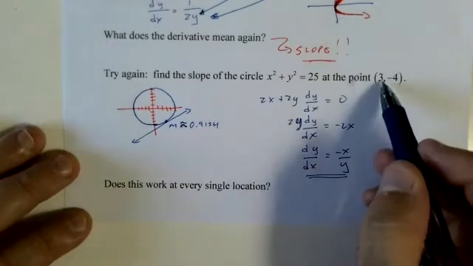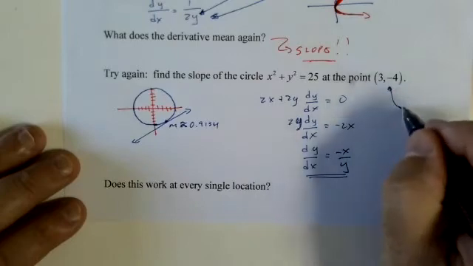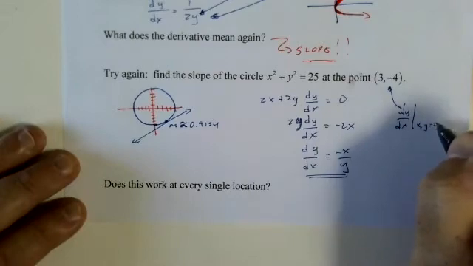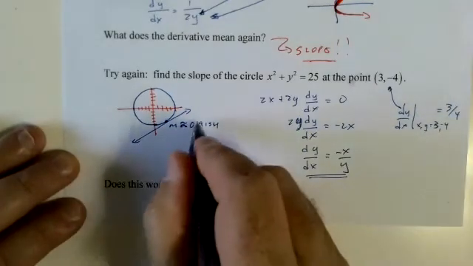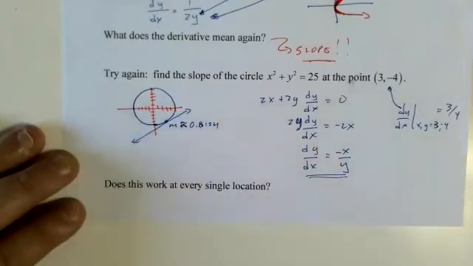Nice. So dy/dx at x comma y equals 3 comma negative 4 equals 3/4. Yeah, let's make that 0.8-ish. So that was 0.75. It works.